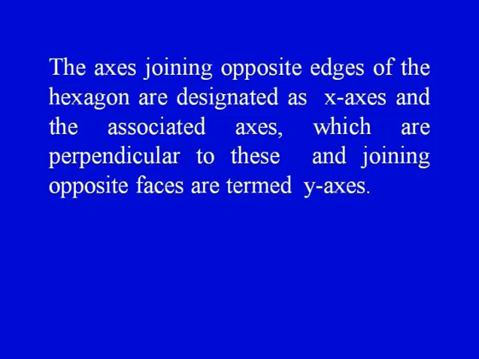This is a hexagonal slice. The axes joining opposite edges of the hexagon are designated as x axes. There are 3 of them corresponding to 6 corners of a hexagon, and the associated axes which are perpendicular to these and joining opposite faces are termed y axes.